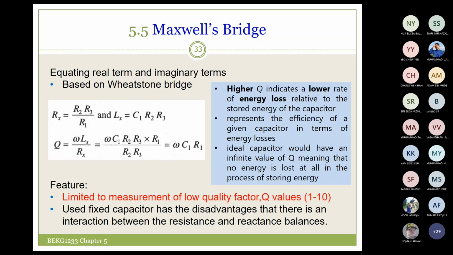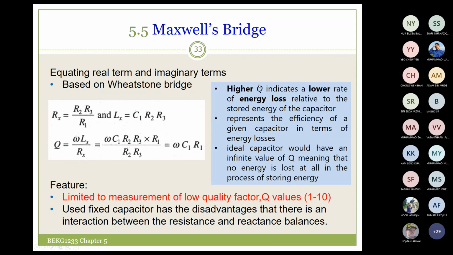For example, Q is normally measured in order to find the power quality in your house or building, to make sure the energy stored in the capacitor and its efficiency in terms of energy losses is guaranteed. An ideal capacitor would have an infinite value of Q, meaning that no energy is lost at all after storing energy.